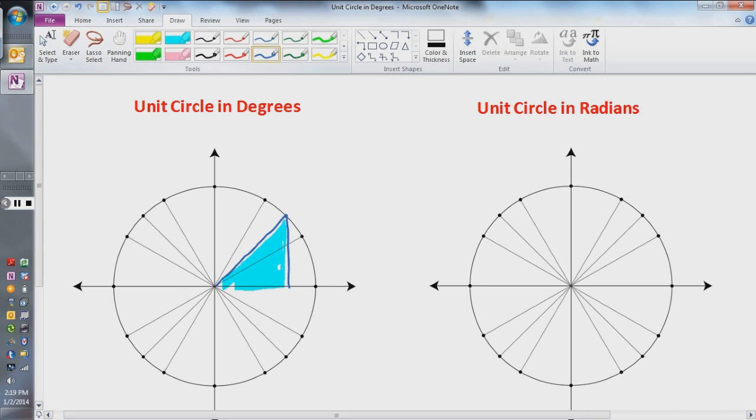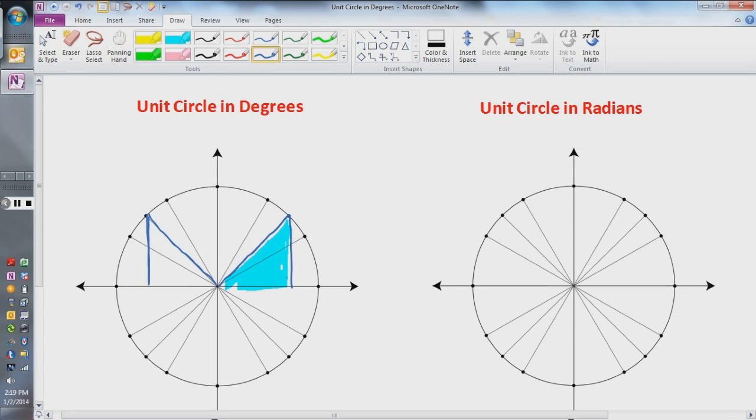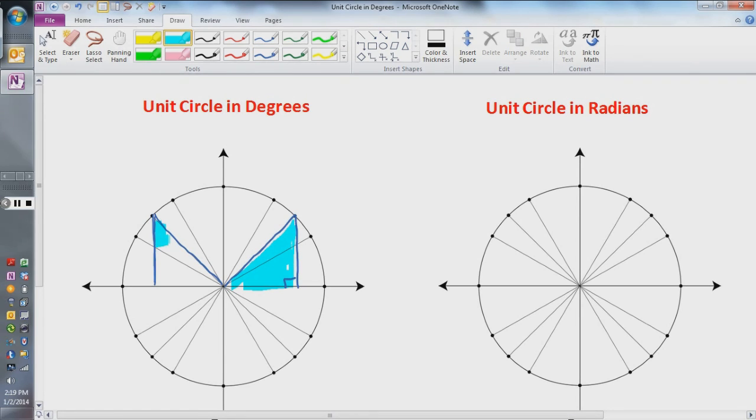And if I go through and connect these middle dots, I'm going to drop a perpendicular line down to the x-axis. What I have are a bunch of 45, 45, 90 right triangles.